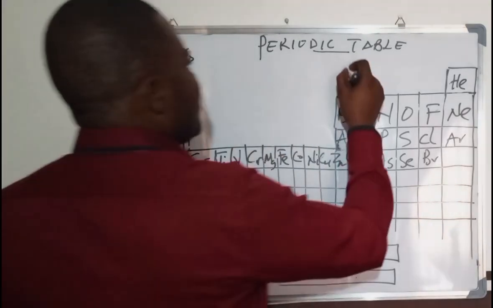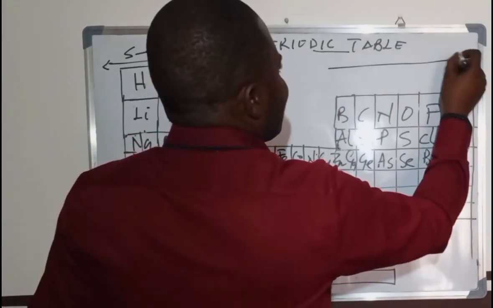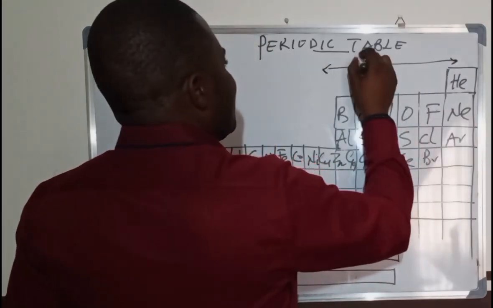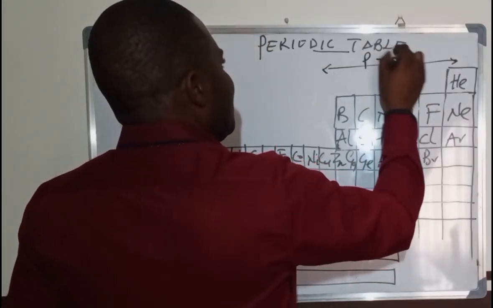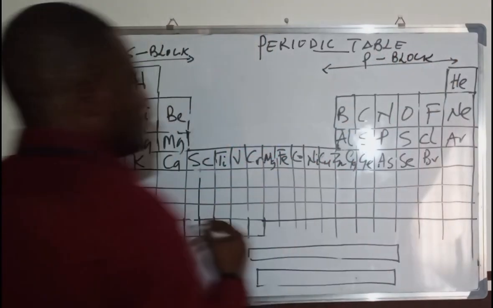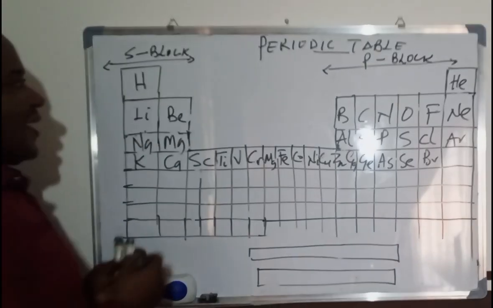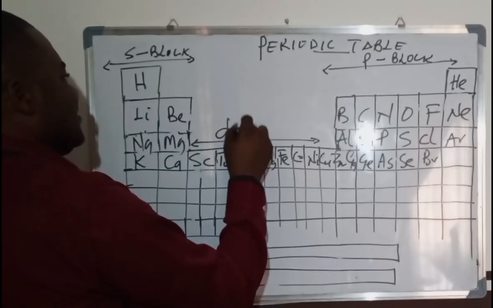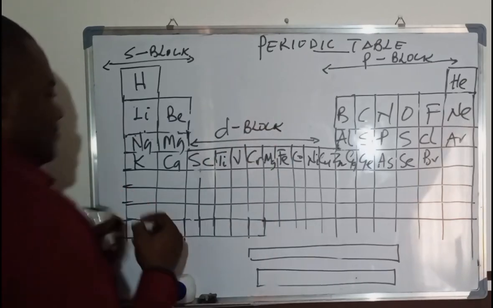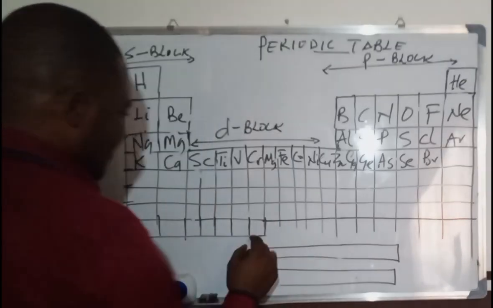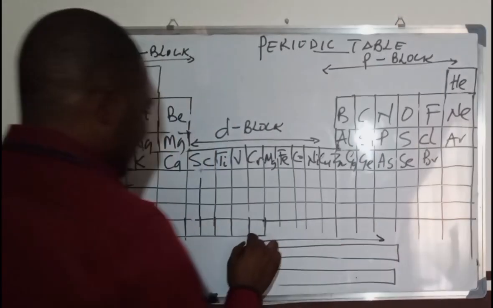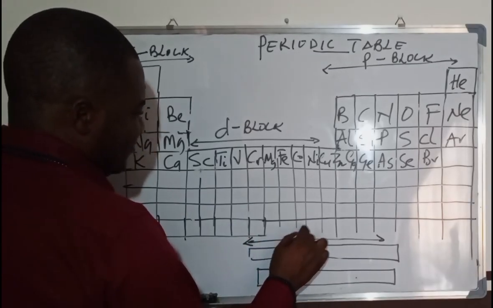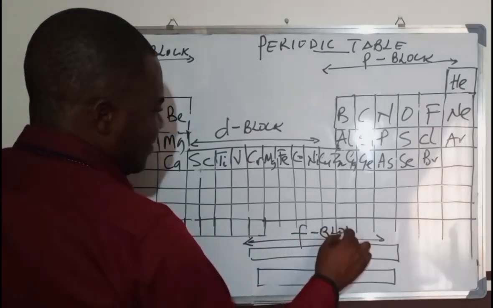And then the second region is here. And the second region happens to be the P block elements. Okay? And then the third region is here. And that is the D block elements. And the last region is here. And that is the F block elements.